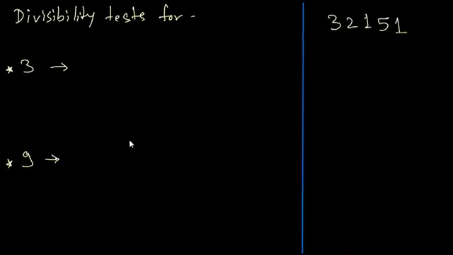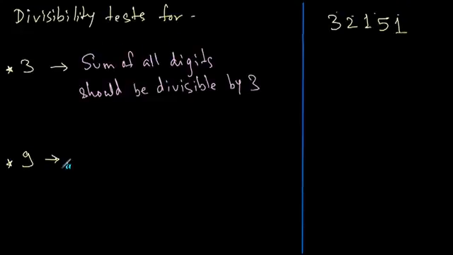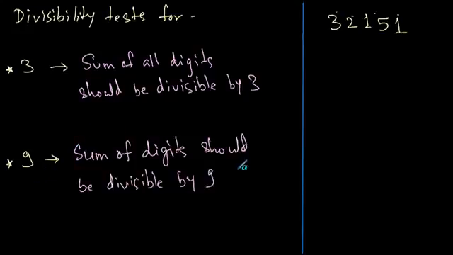Let's move on to 3 and 9. So the divisibility test for 3 is that the sum of all digits of the number should be divisible by 3. And similarly, in the case of 9, the sum of all digits should be divisible by 9. So let's see if this number is divisible by 3 or 9.